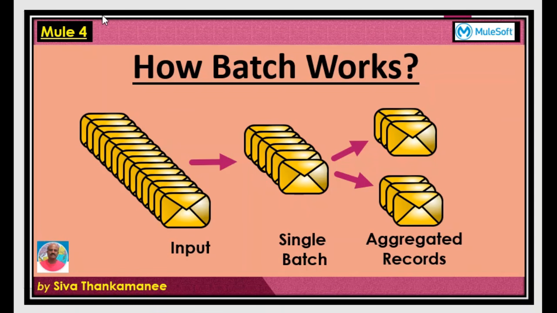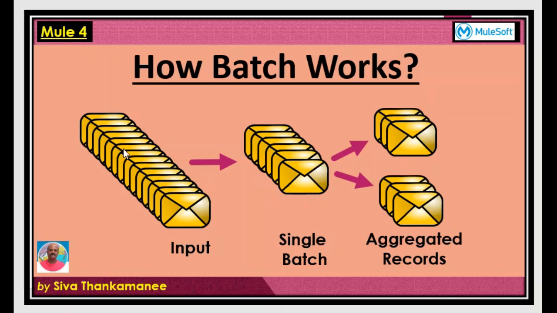So let's see how each batch works. We have seen how batch processing works as a whole, but now let's look at one single batch. When we have thousands of records, we select a reasonable batch size. Say, for example, we choose 10 records in a single batch.